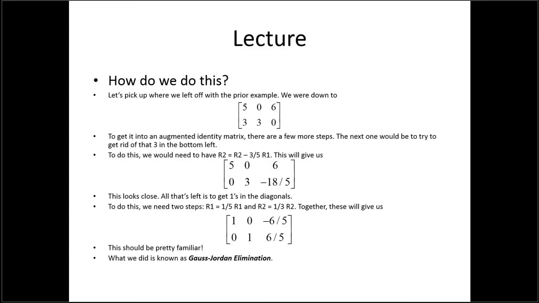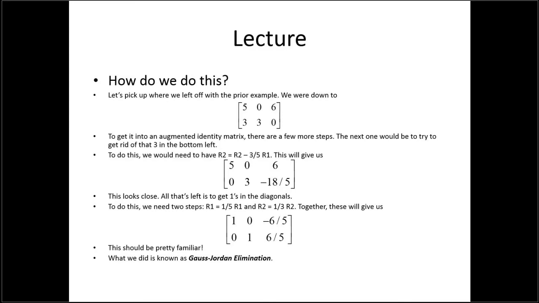Ignore that typo, please. And the second one, if we had divided that by 3, that would give us 1, 1, 0, and then subtracted out that first one, that would give us 0, 1, 6/5.